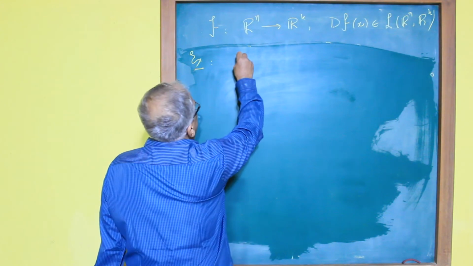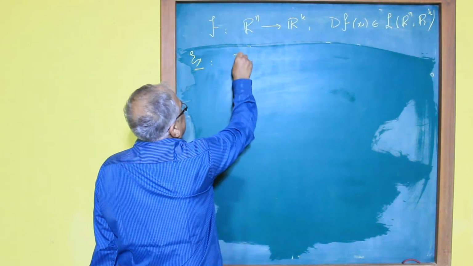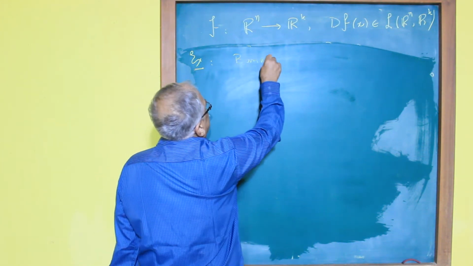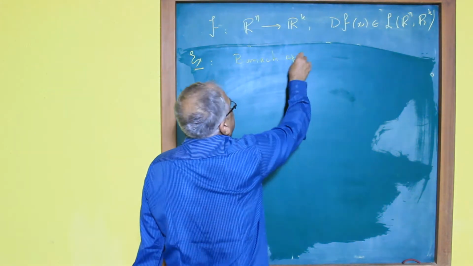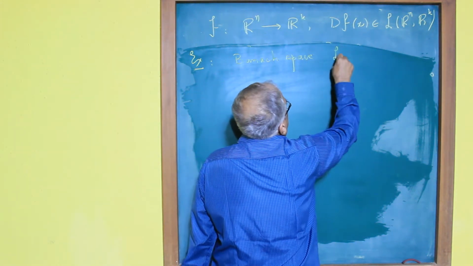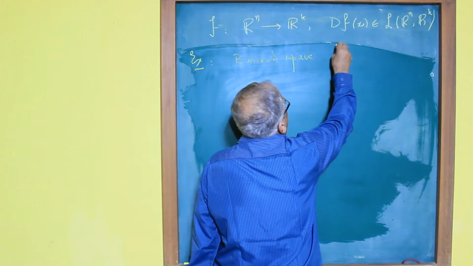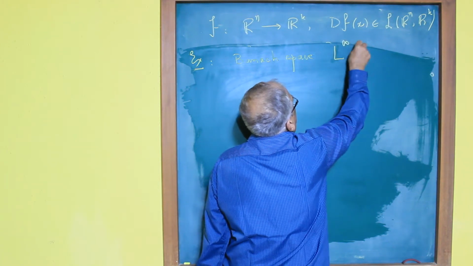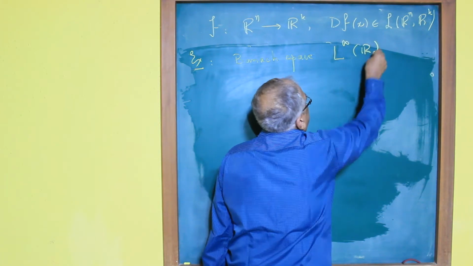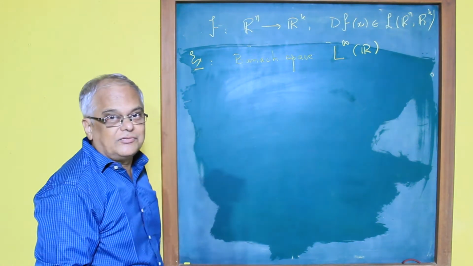I'm going to take the Banach space, which I should call L infinity of R. So what is L infinity of R?